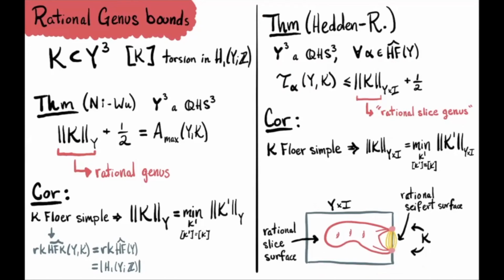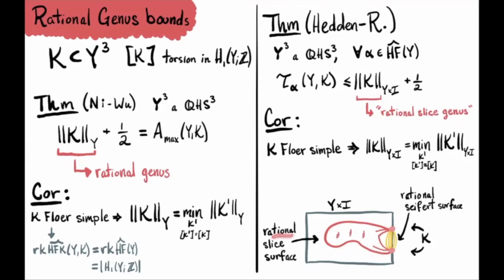So if we think about, here's our knot in the boundary of Y cross I, and remember our rational Seifert surface for this knot is some surface in Y that wraps some number of times around the knot. But I could also push these rational Seifert surfaces into this Floer manifold and ask what the minimal genus of one of these pushed-in surfaces is.